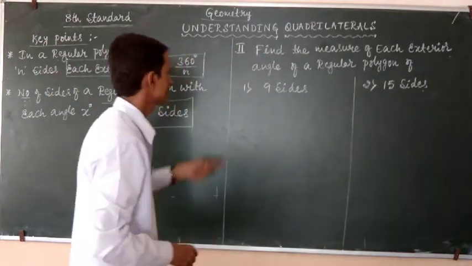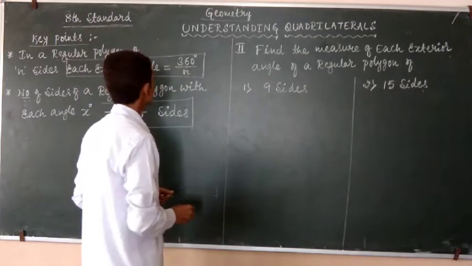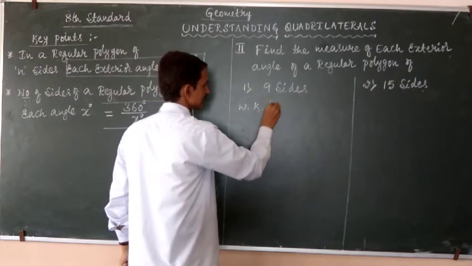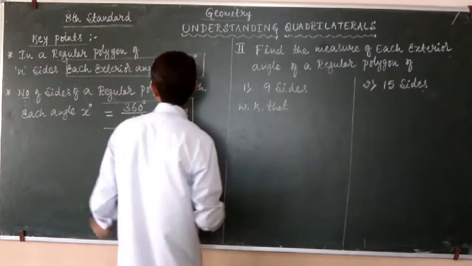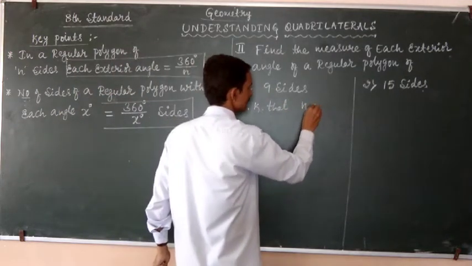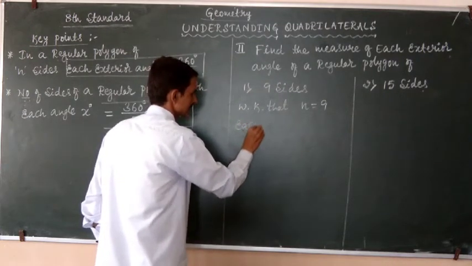Now for the first problem, it has 9 sides. We know that each exterior angle equals 360 degrees by n. So here n equals 9.